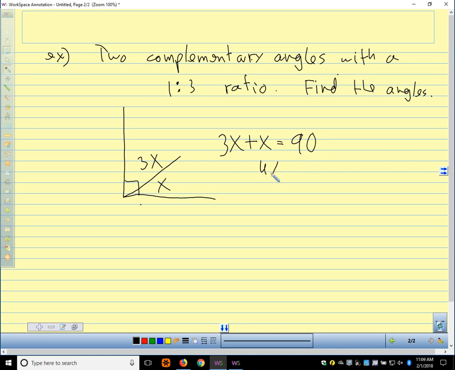So 4x equals 90. Divide by 4, and x is 22.5 degrees, and 3x is 67.5 degrees. So this one's 3 times bigger than this one, and they add to 90 degrees. All right, questions?